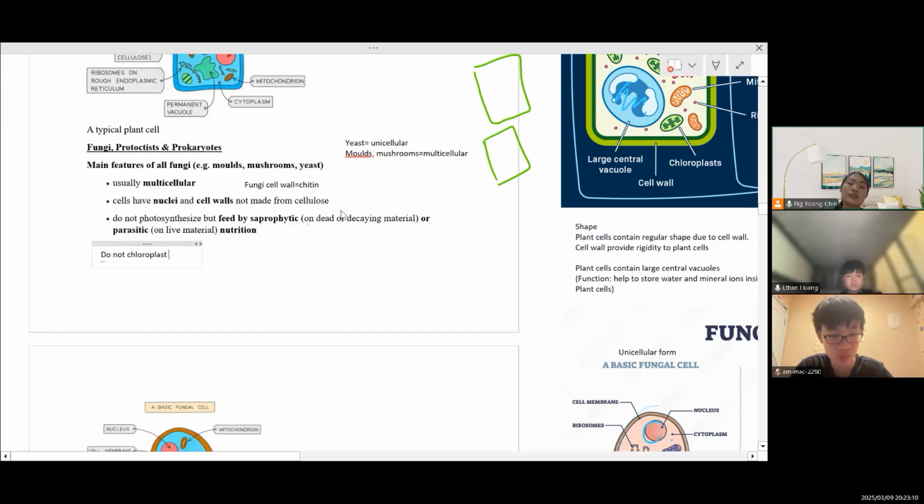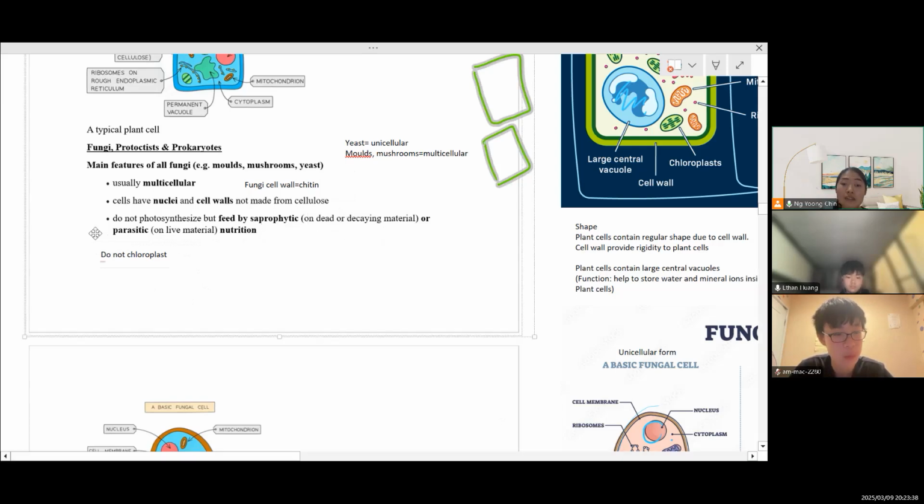Saprophytic means that you always see the mushroom and the mold growing on dead and decaying material, like decayed wood. Because these fungi are able to grow on the decayed wood, they break down the organic molecules inside the wood, and these become their own nutrients to support their own growth.